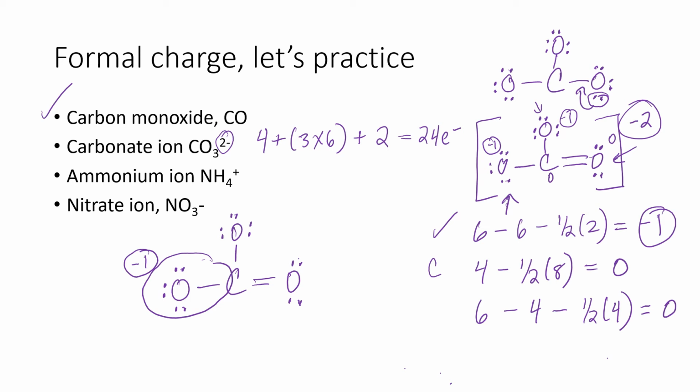Now, another way I like to think about this, I gave you a formula, right? And I said, you take the valence electrons, you subtract the lone pair electrons, and you subtract 1/2 of the bonding electrons. Very nice. I think an illustrative shortcut is this. What if I were to imaginarily break this bond between carbon and oxygen in half, and I were to tell you that one of these electrons belongs to carbon, and the other electron, see how things are being shared, we can say belongs to oxygen.